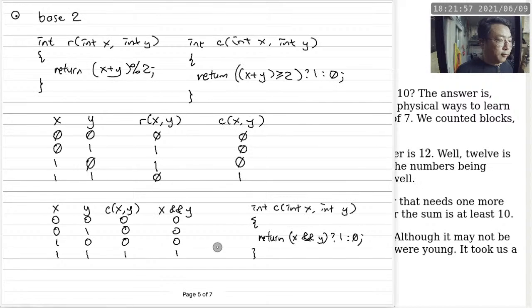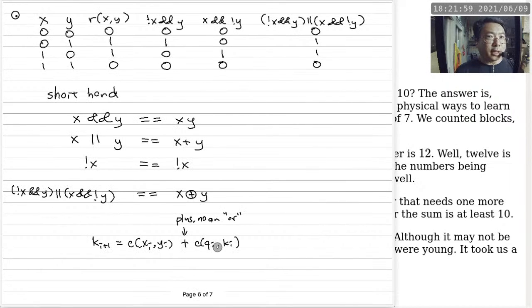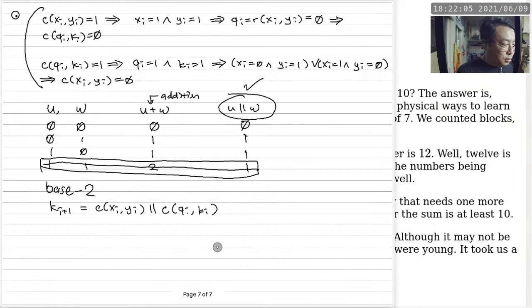Well, at the beginning for base 10, I kind of, sort of proved that they cannot be 1s at the same time. But for base 2, I was able to use the logical derivation to basically prove that if the C value of xi, yi is a 1, then C of qi, ki has to be a 0, and vice versa. Oh, so we were just proving that it cannot be 2, right?